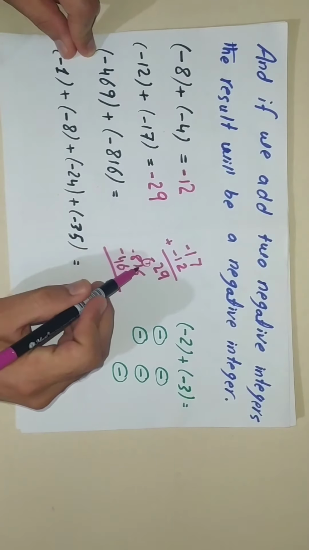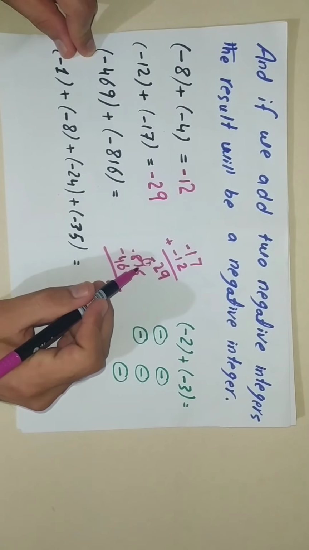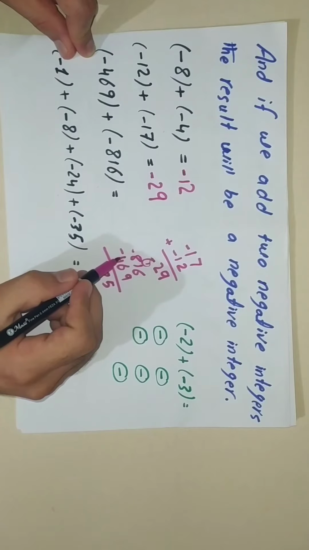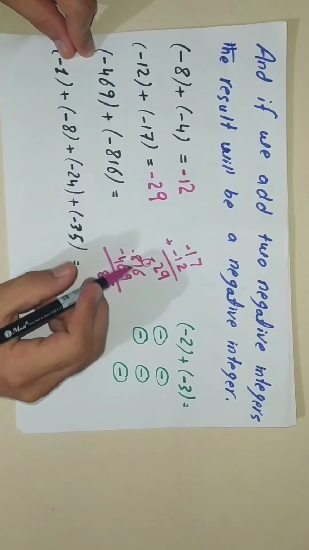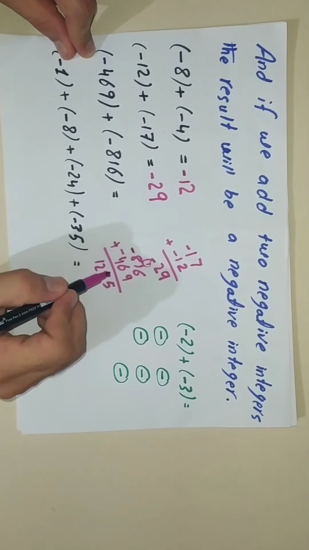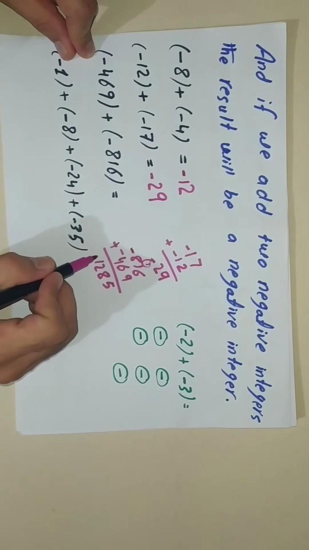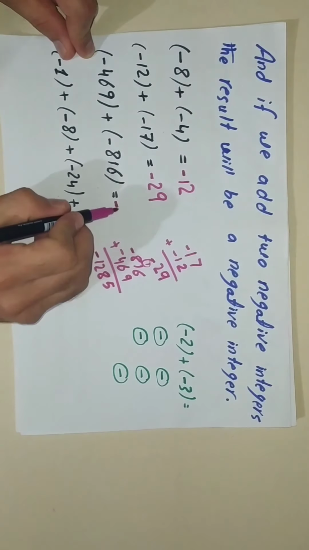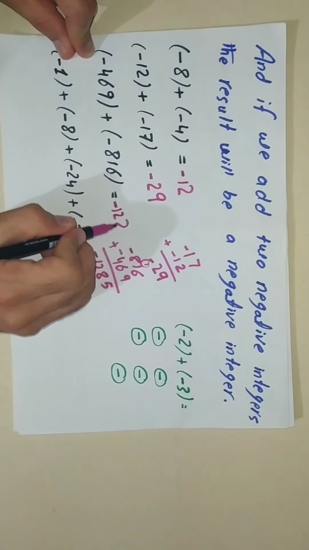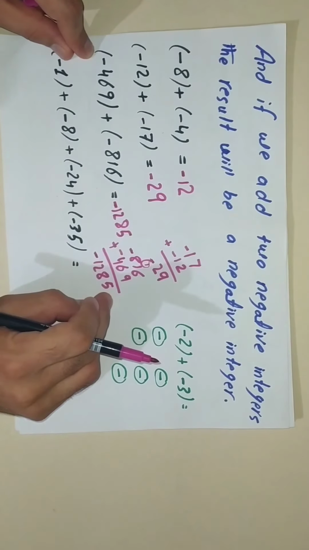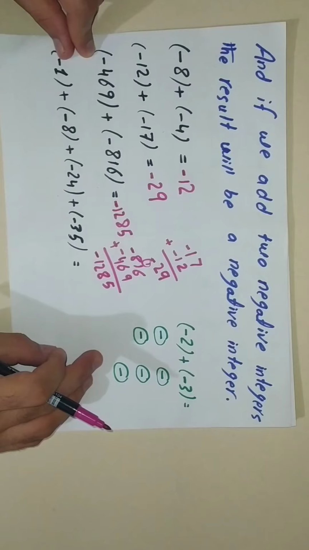So it is 6 plus 1 is 7, 7 plus 1 is 8. Okay, and 4 plus 8 is equal to 12. We add these both numbers, but in the result we will write minus. So it is minus 1285. If you want to write these things, stop my video, write them, then you can start again.